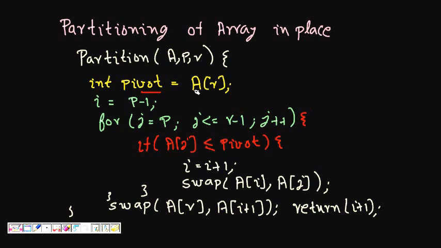Then i is p minus 1 initially. For j from p to r minus 1, we check if A[j] is less than the pivot, then we increment i.